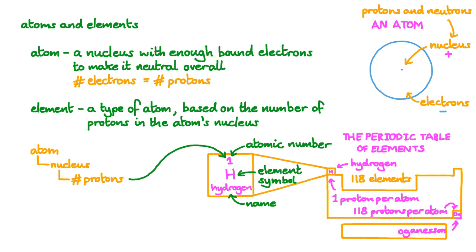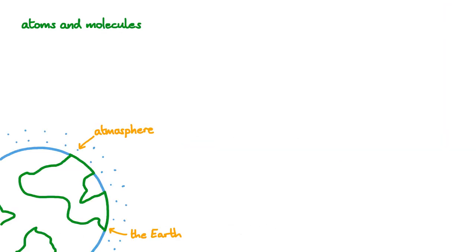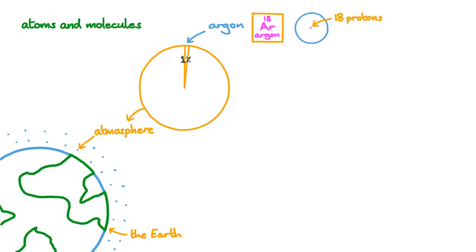Now that we've had an overview of the different types of atom, let's see what happens when we combine them together. We've already talked about how the type or element of an atom might affect how it reacts. If we were to separate out all the particles in the atmosphere, about 1% of them would be atoms of argon.